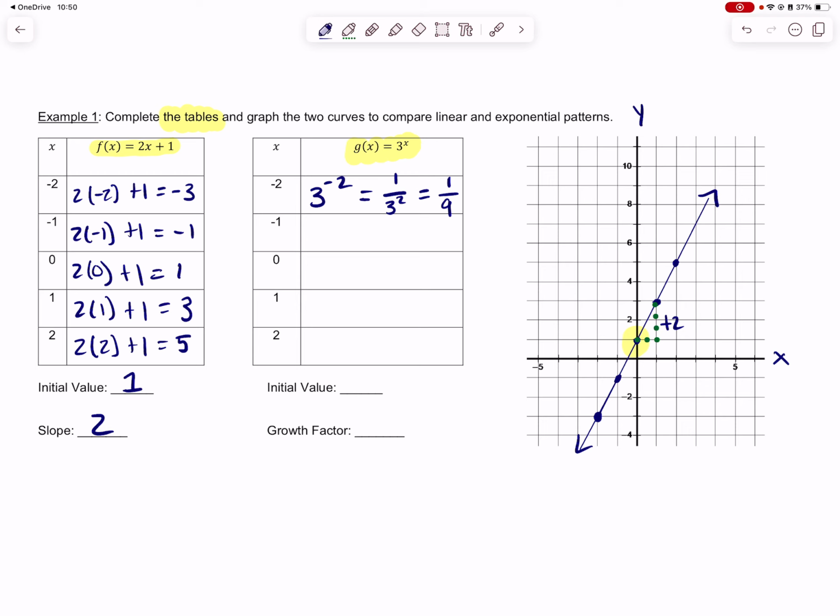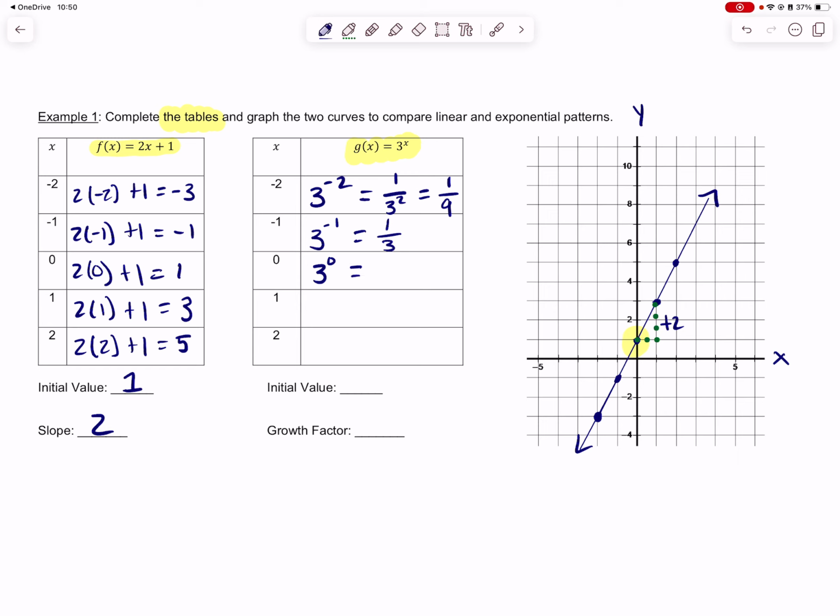The next one, we have negative 1 for x. So 3 to the negative 1 gives us 1 over 3. And then we have 0 for x, 3 to the 0 power.